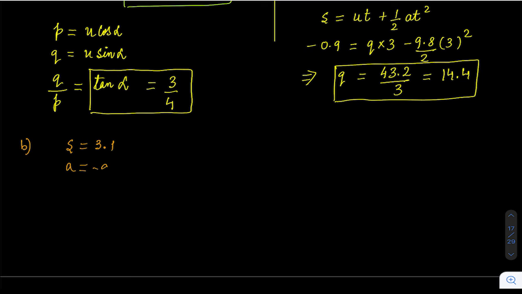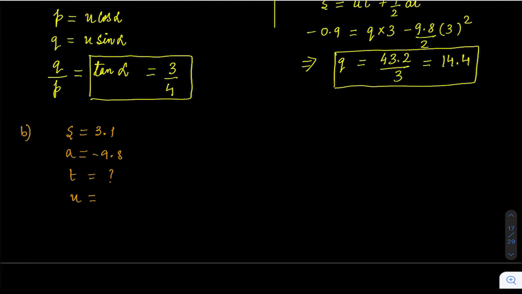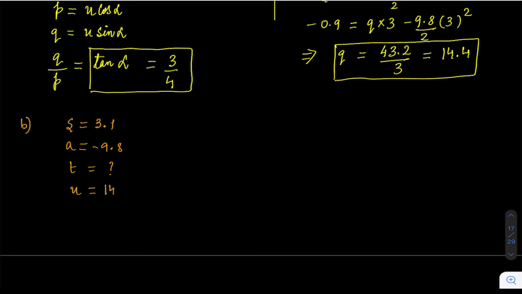My acceleration is minus 9.8, and time I have to find out. My initial velocity u in the vertical direction is q, so that is 14.4. So what's the equation that connects S, U, A, T?